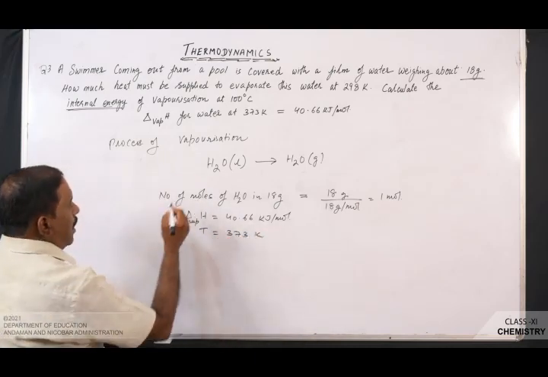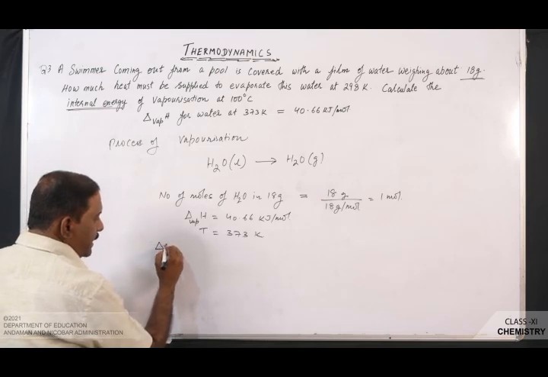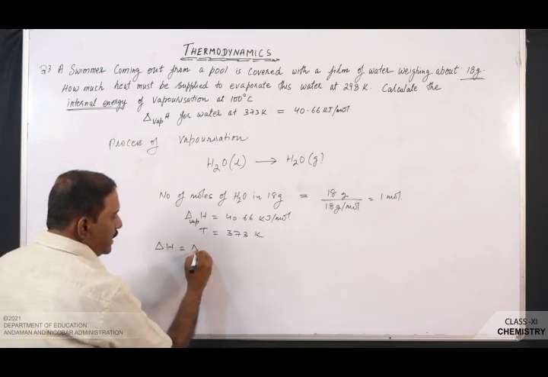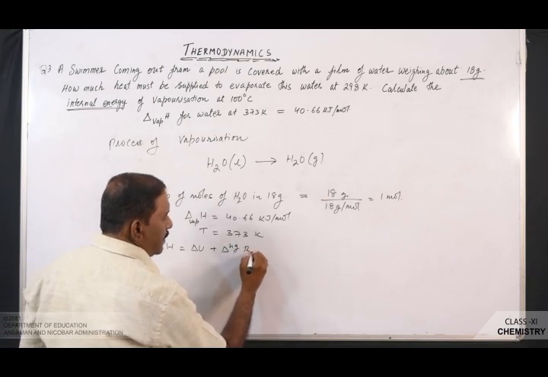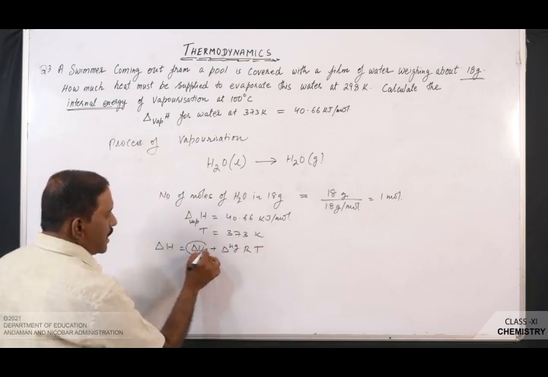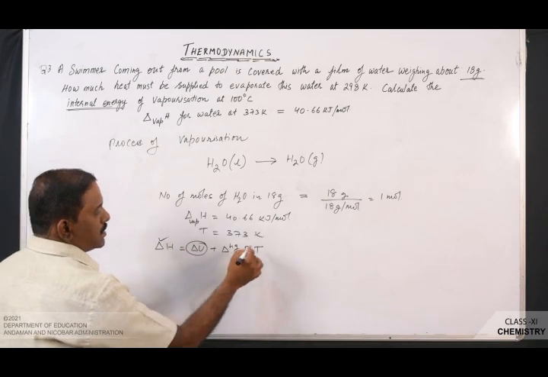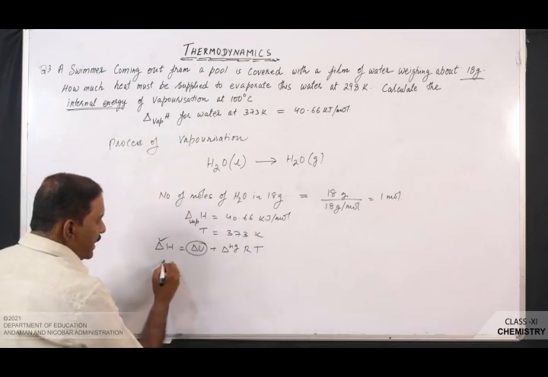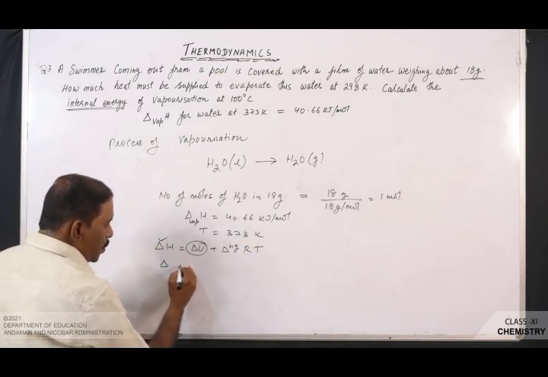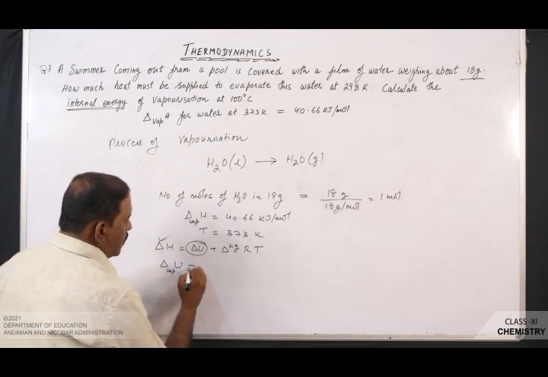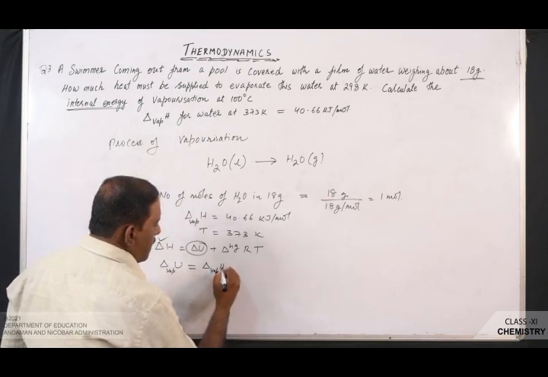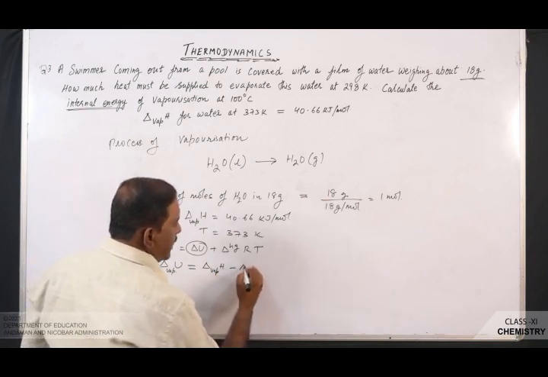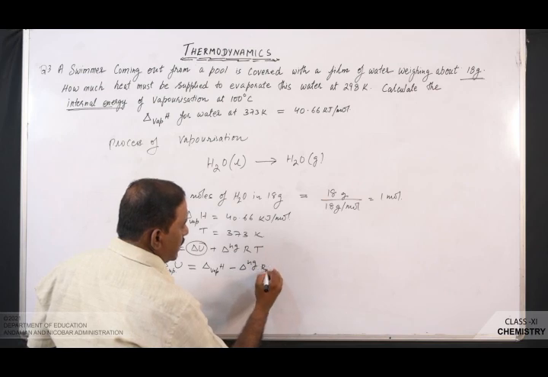Okay. Now, we know the equation delta H is equal to delta U plus delta Ng RT. So, now this has been asked and this is given. So, you can write delta U of vaporization is equal to delta H vaporization minus delta Ng RT.